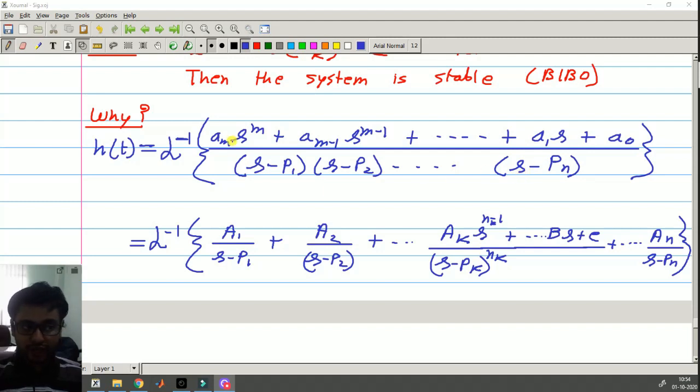Otherwise you have to first divide the numerator by the denominator and then write partial fractions. So for us the numerator degree m is less than the denominator degree n. Then if you calculate the Laplace inverse, what will you get?